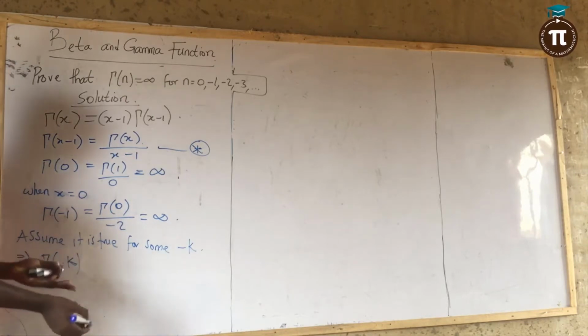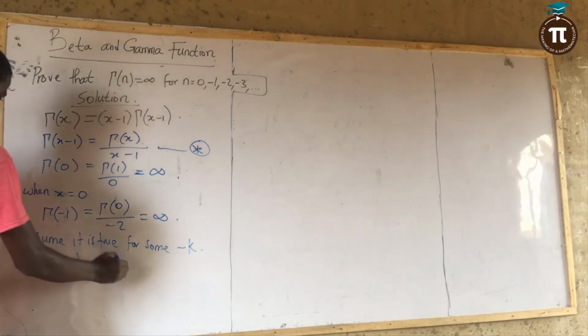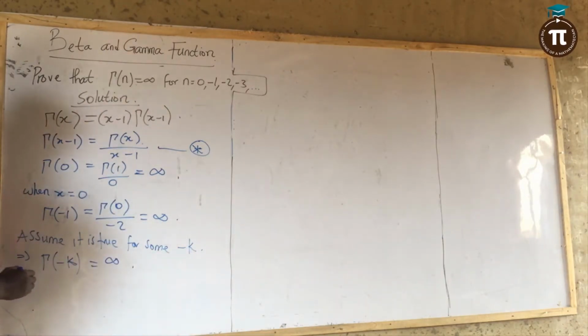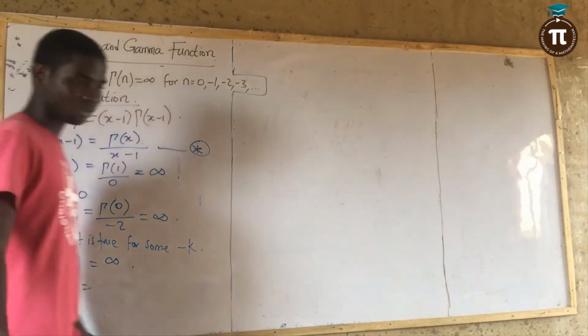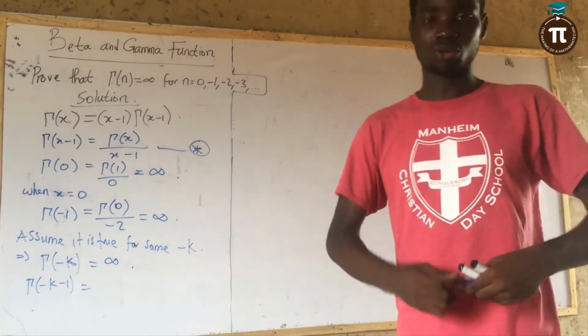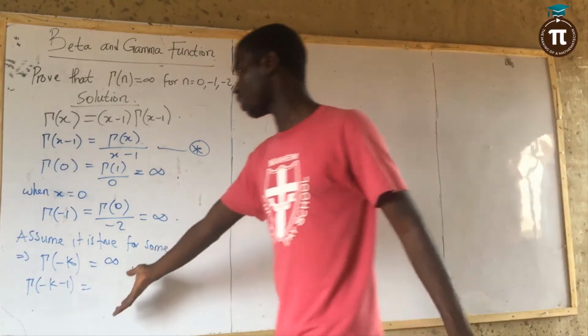That is, assume it is true for some negative k. Now let's prove that it is true for minus k minus 1. What I have done here is simply use the induction principle.